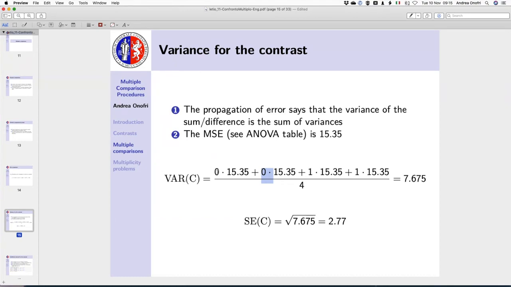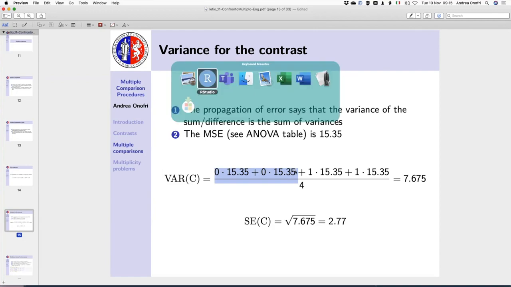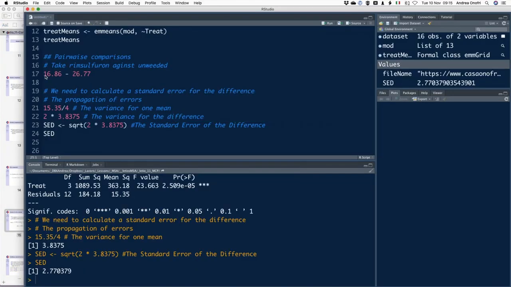In this case, of course, I can remove this because the coefficient of 0 makes the product null. So I have a difference and I have a standard error for the difference. So I have a difference and I have the uncertainty.